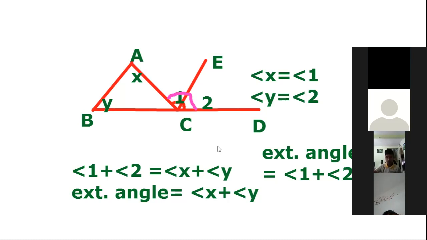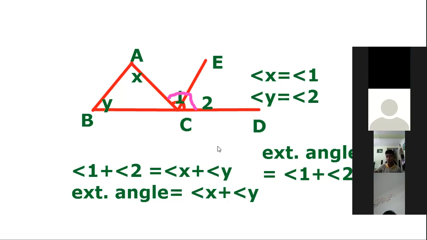The angle ACD means the exterior angle. Using this, this is the exterior angle property of a triangle, which is given in bold letters. That is, an exterior angle of a triangle is equal to the sum of its interior opposite angles, which is known as the exterior angle property of a triangle.